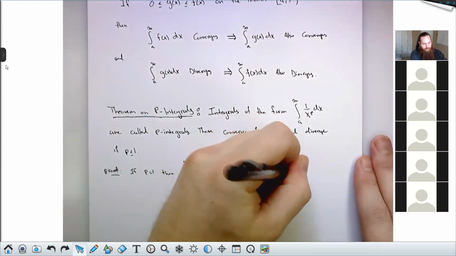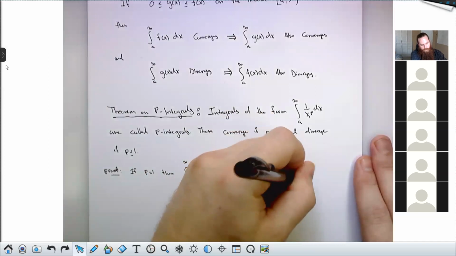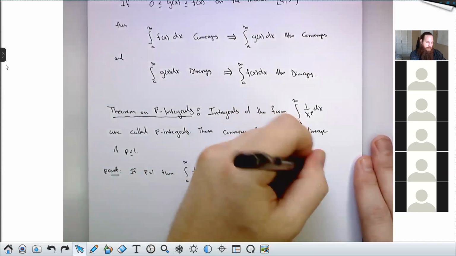And the antiderivative here is the natural log.